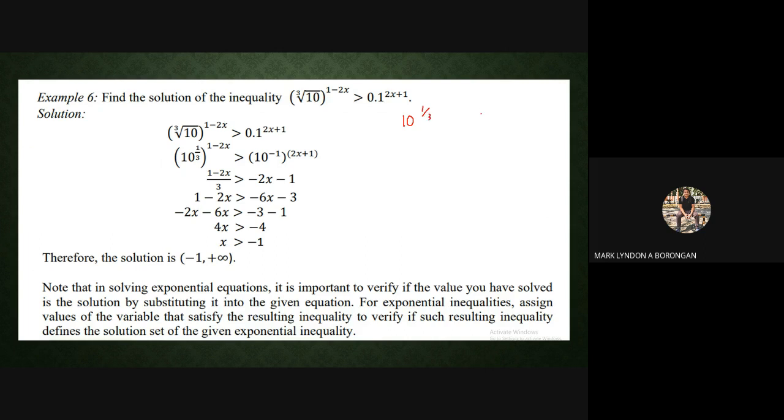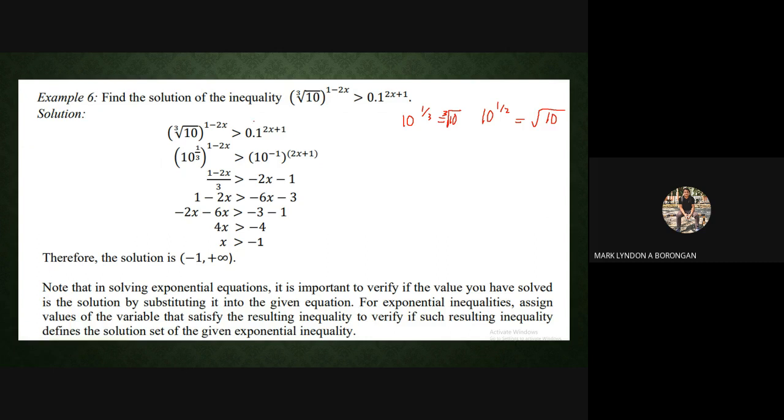Atong square root is just simply 1/2. Atong square root, di ba square root may tawag ani? That is why dili na ta magbutang og 2 diri daan kay automatic na nga kaning radical sign says that this is square root. Okay? So this is the square root of 10.